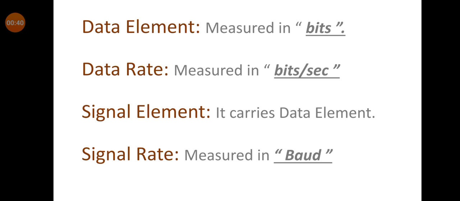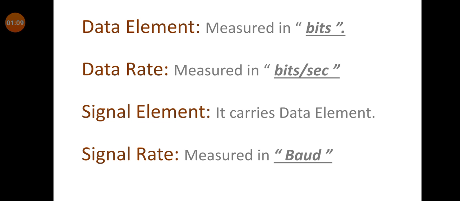Whichever entity represents valid information, we consider it a data element. And we measure data elements in bits. So the measuring unit for data element is bits. This one you have to remember.